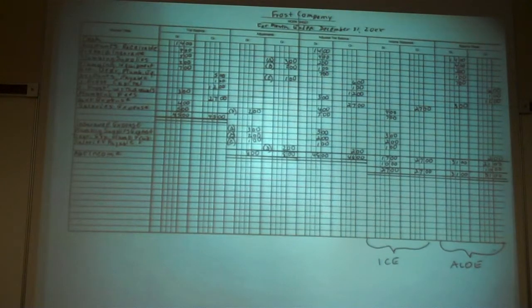So if we had insurance that expired and they gave us that number, that's the number that we would use for the adjustment. If they tell us what supplies we have left, we need to take the beginning inventory for supplies, subtract the ending inventory, and then that number would be the adjustment, the number of supplies that we've used.